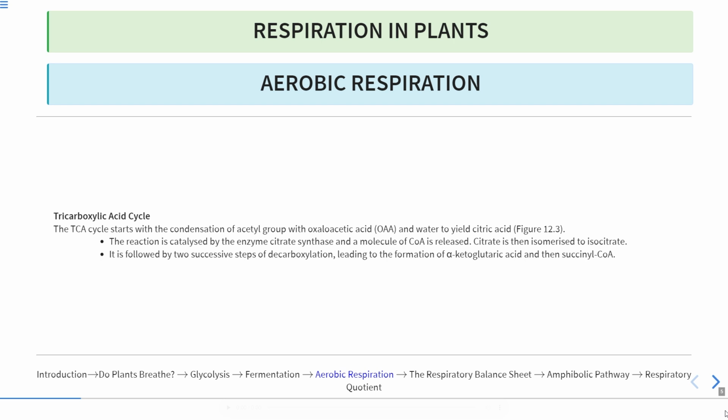The first compound that accepts the acetyl group of acetyl coenzyme A is oxaloacetic acid. You know the acetyl coenzyme A has been formed from the decarboxylation of pyruvic acid. So acetyl coenzyme A combines with oxaloacetic acid, this is the first step of reaction, and yields citric acid. So citric acid is formed.